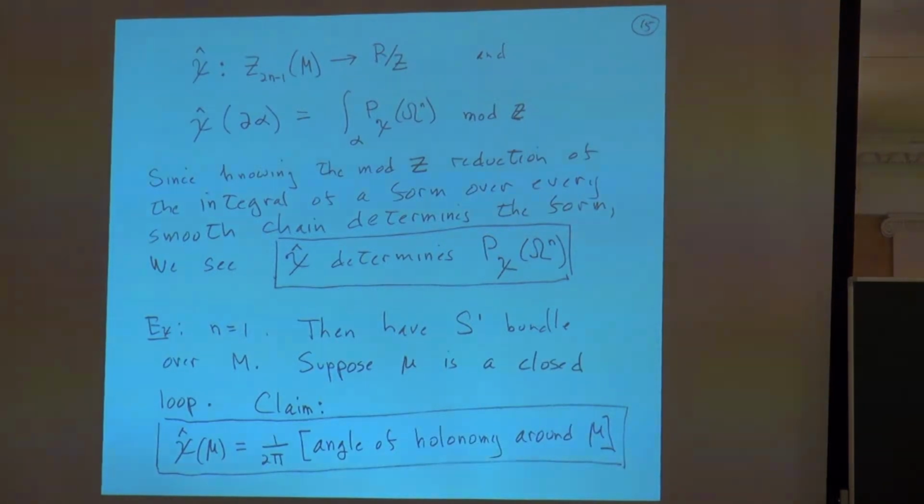So chi hat, associated to the Euler class, Euler character, maps all the cycles of M in a linear way, not a linear way, but preserving the group. It's a homomorphism from all the cycles into R mod Z. And if you remember the formula from the previous page, if the cycle happened to be a boundary, then the answer is you just integrate the Euler form over the interior and reduce that mod Z. And that's well defined.